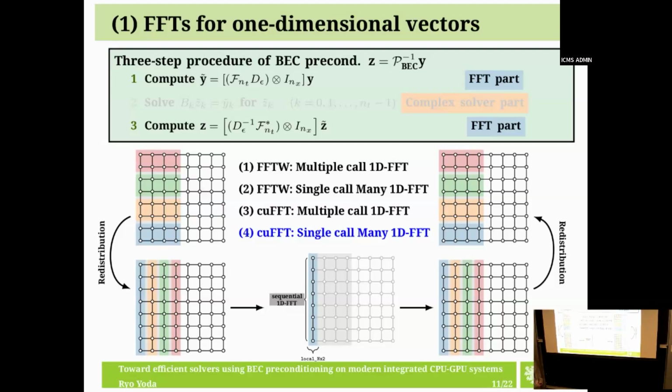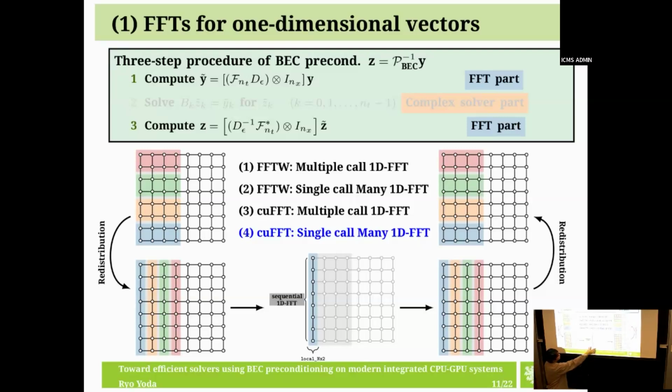Next question: how to perform the 1D sequential FFT for these. This work considers four possibilities. The first one is the FFTW package using multiple cores for one 1D FFT. The second one is the FFTW package using a single core for many 1D FFT cases.